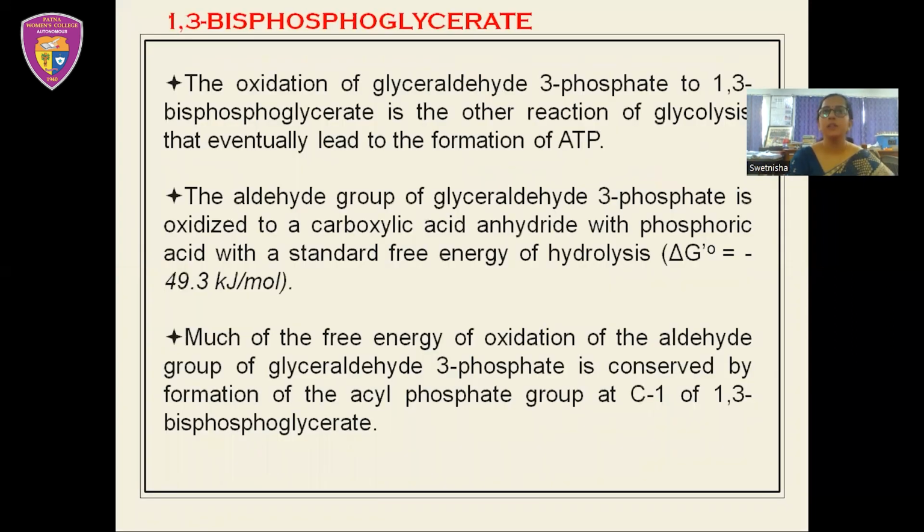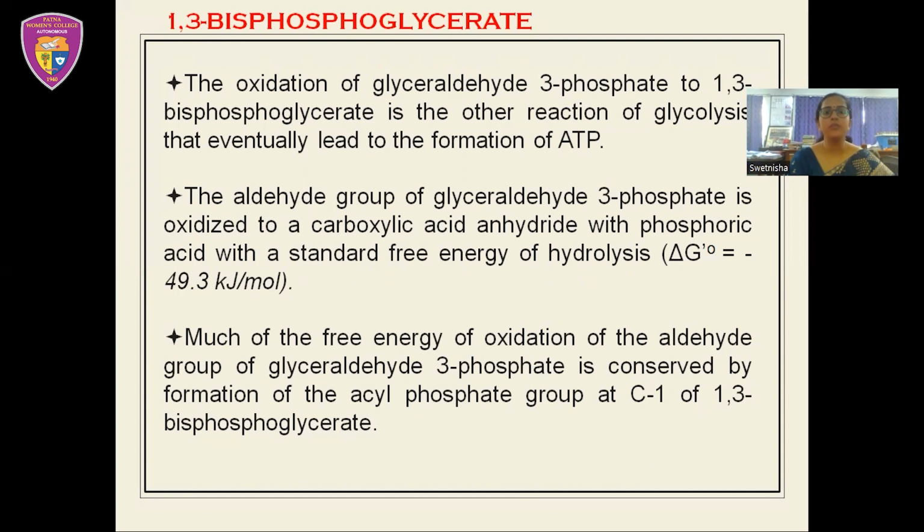Now another energy rich molecule is 1,3-bisphosphoglycerate, which is also an intermediate during glycolysis. Here the oxidation of glyceraldehyde 3-phosphate results in the formation of 1,3-bisphosphoglycerate, and then 1,3-bisphosphoglycerate eventually leads to the formation of ATP during glycolysis.